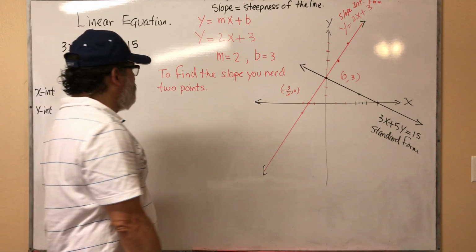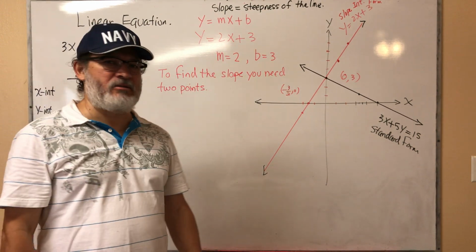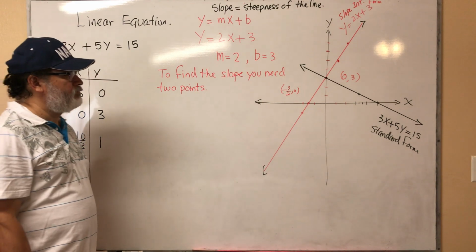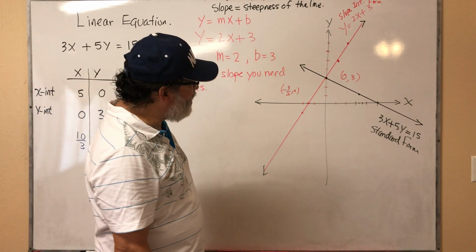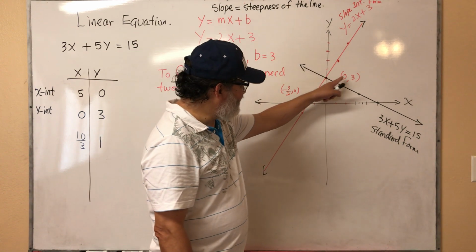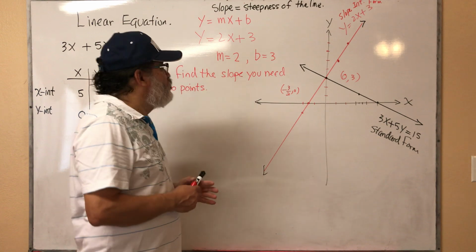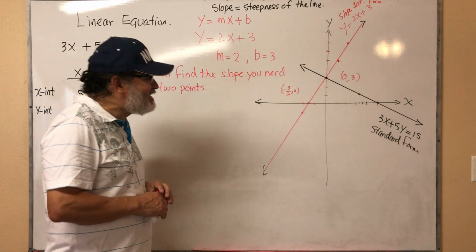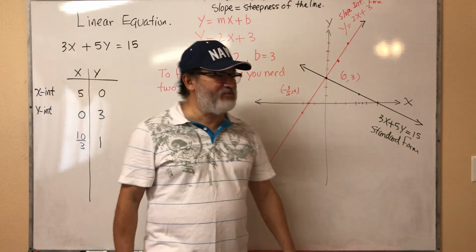Okay. To find the slope, you need 2 points. So don't forget what I said. This point and this point. You need 2 points, okay? So let's just look at any 2 points on the red line.